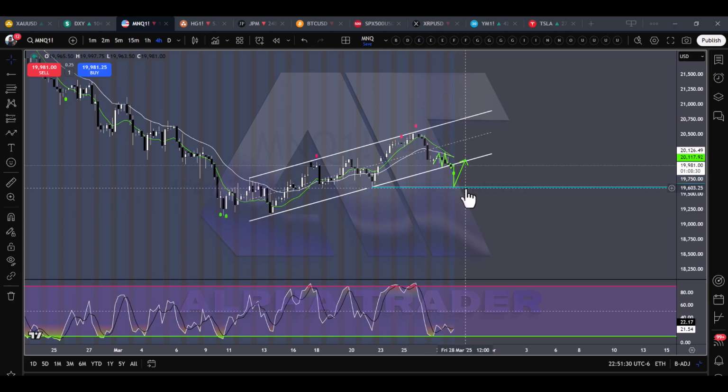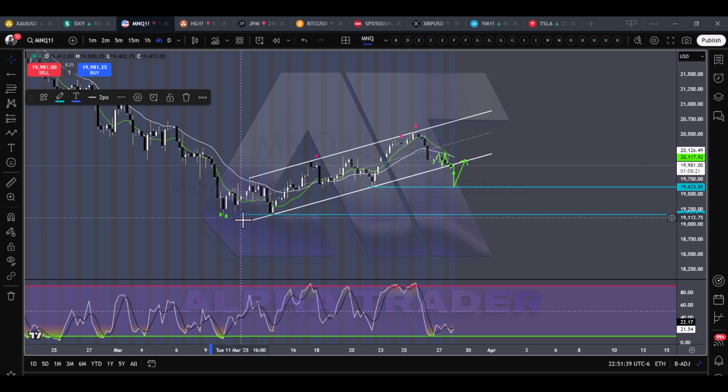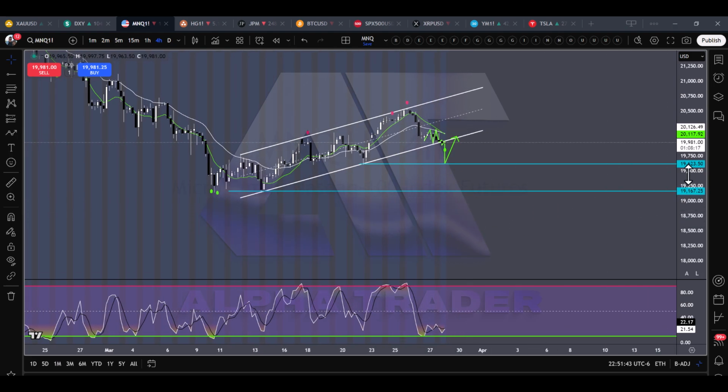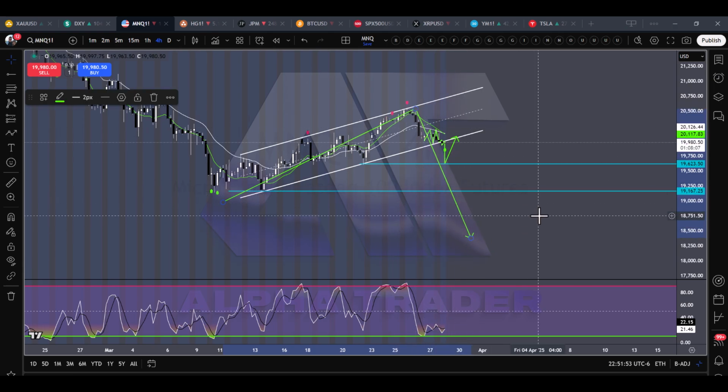So when that breaks, then the whole structure begins to change, and the next break we're looking for is this low right here. And if we break that low, we then begin to get closer and closer to entering into a bear market. That means that this whole move would be swinging to a new low for the year, okay?